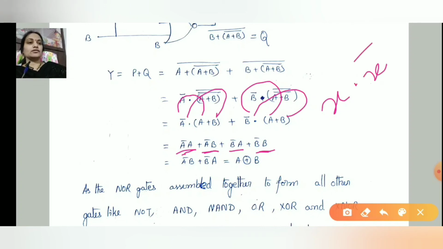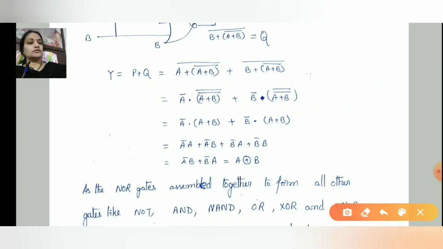That is 0. x x bar is equal to 0 and x bar x is also 0. That's why you have to remember all the Boolean laws to simplify terms like these. Now you put the value A bar A as 0 and B bar B as 0. That's why these two terms vanished.